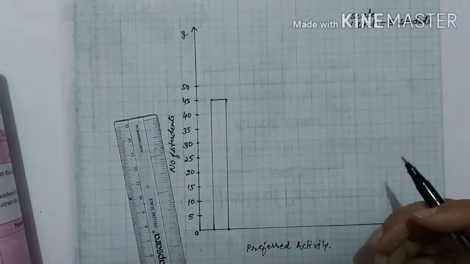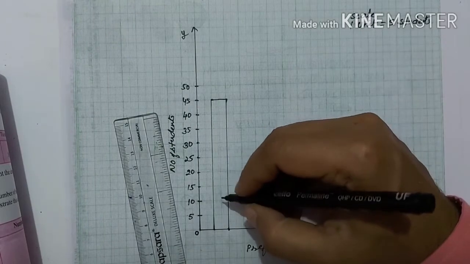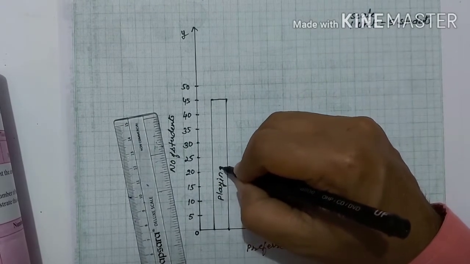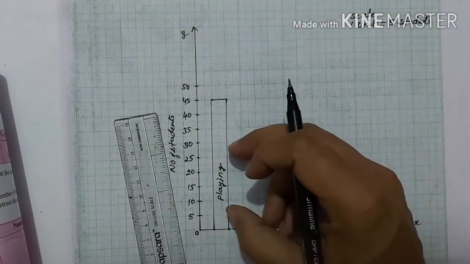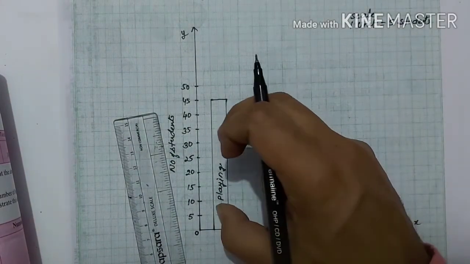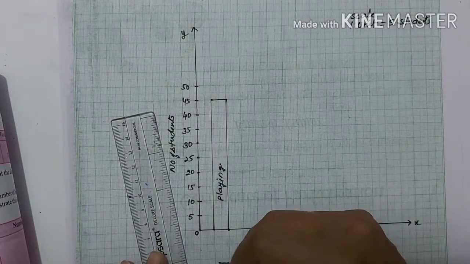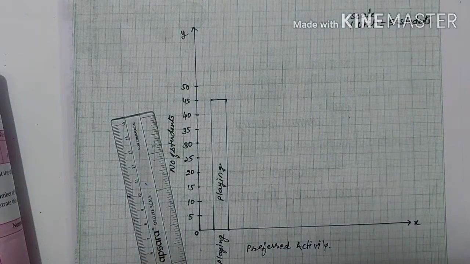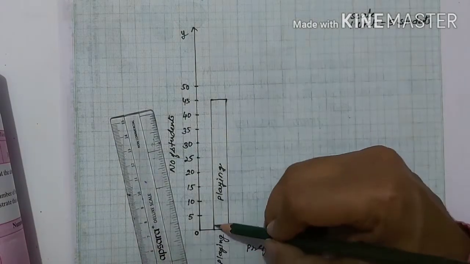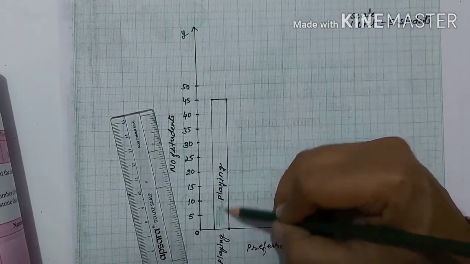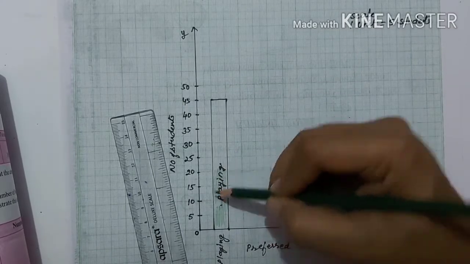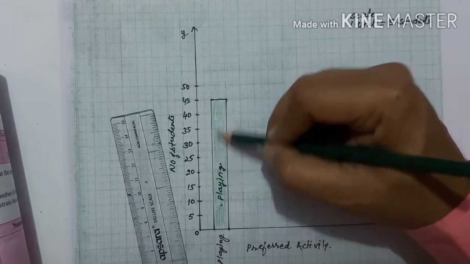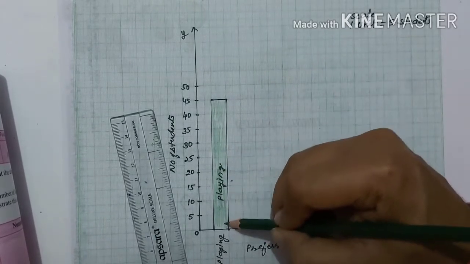This is the first bar for playing. Okay, if you have any problem you write in between; if there is no problem, okay, after that we make the color with pencil color, because sketch color will overlap.